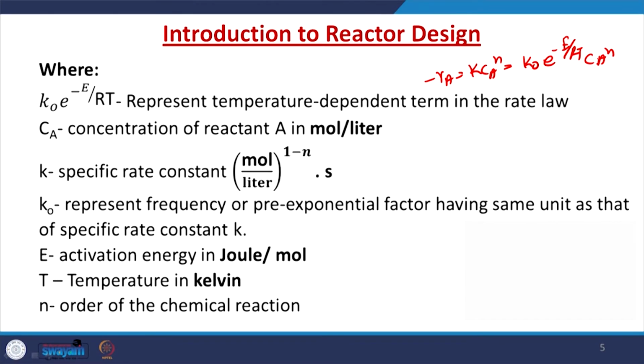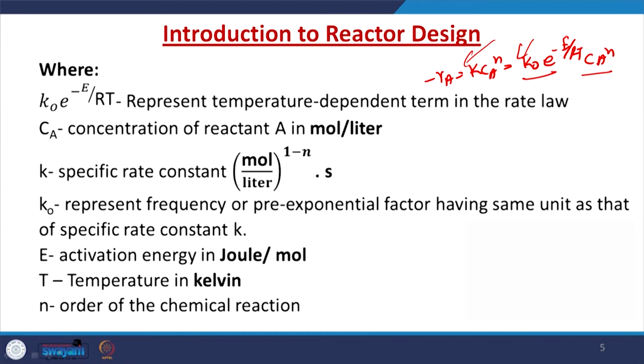Now, here k0 e^(-E/RT) represents the temperature dependent term in the rate law, and Ca is the concentration of reactant A, represented in mole per liter. k is the specific rate constant having the unit of (mole per liter)^(1-n) per second. k0 represents the frequency or pre-exponential factor, having the same unit as the specific rate constant k.